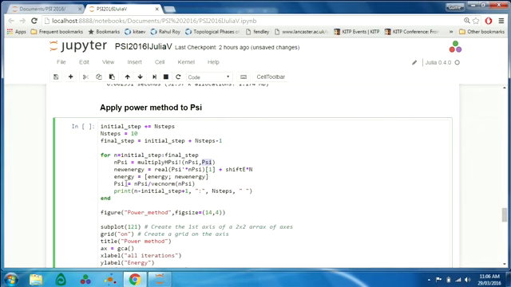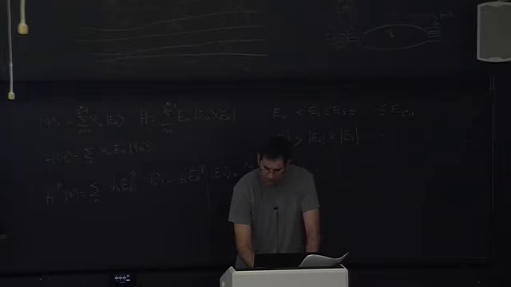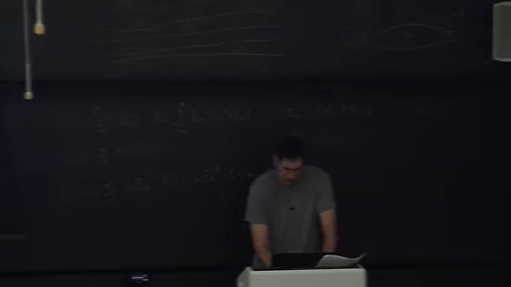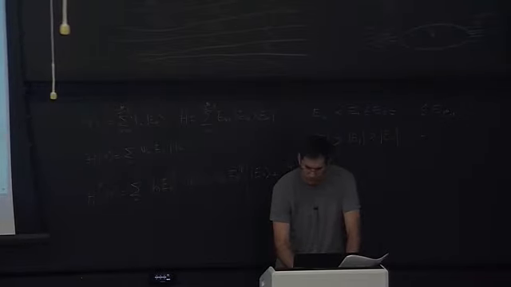And then we'll say, OK, now psi is the new psi prime, and we'll compute again the product of h times psi. So this loop is just computing this application of h on psi a number of times. And then we can arrange it so we can plot the results. Let me just run it and tell you what these plots are about.